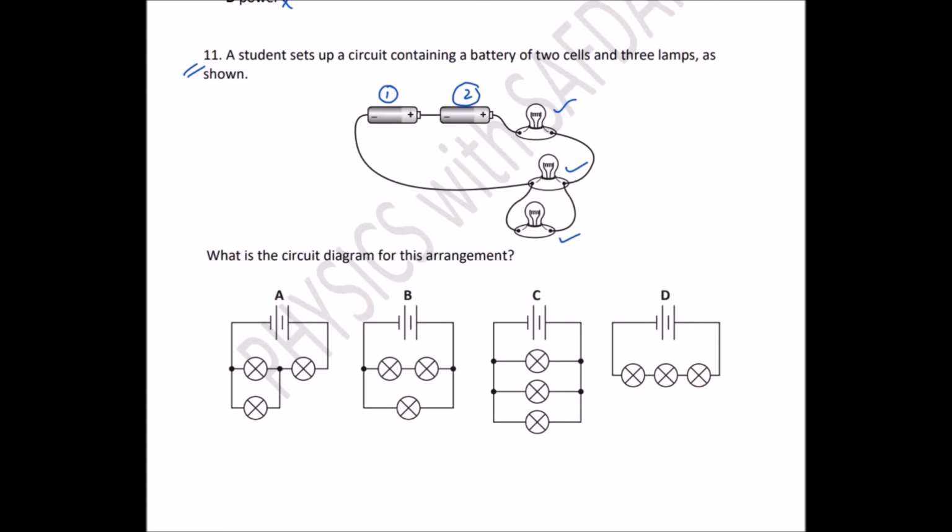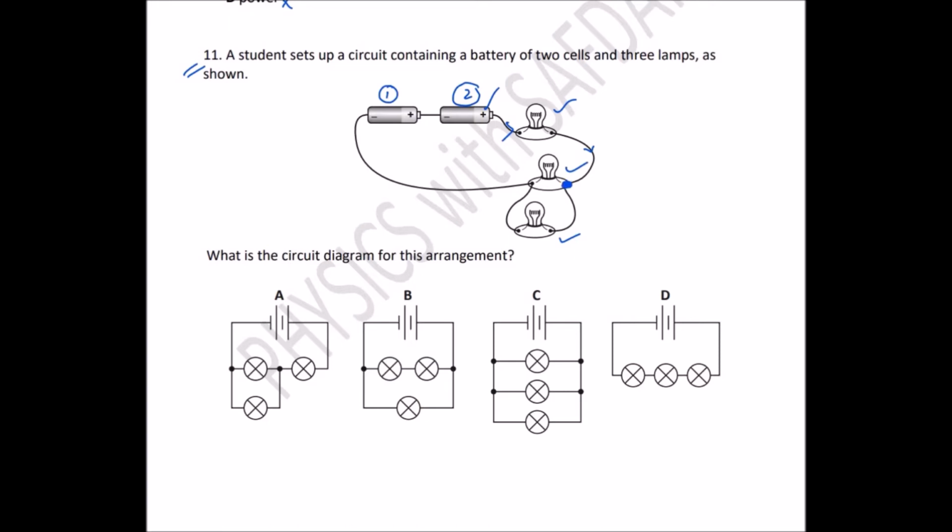It's very simple. First start with the direction of current flow. This is the positive of the supply. We always take direction of current from positive to the negative. Current starts from here, enters this lamp 1, then lamp 2. Look at this point.